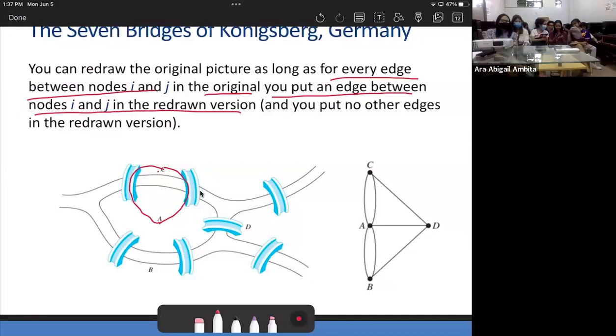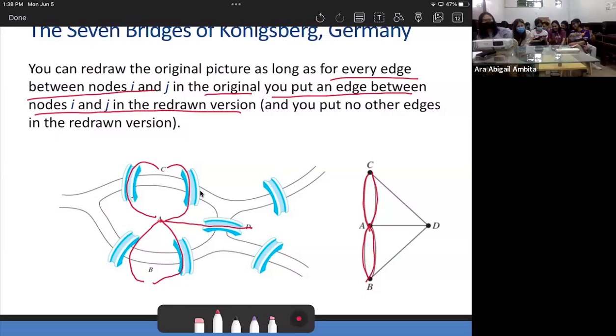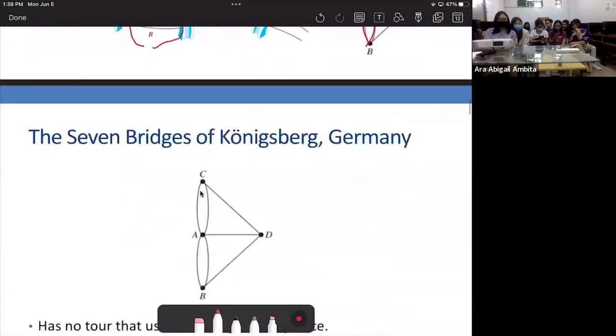And then A to B. Okay. To C to D. Saan ka dadaan? A to D here. And then E to D. And each edge exactly once. Okay, it is not possible.